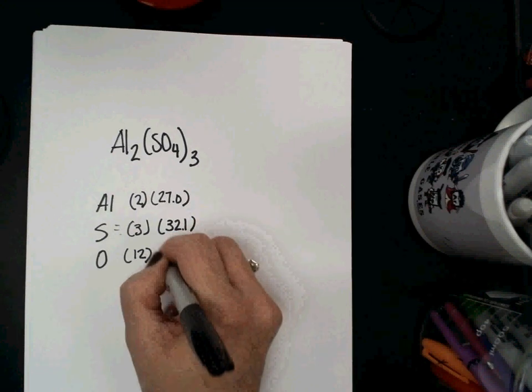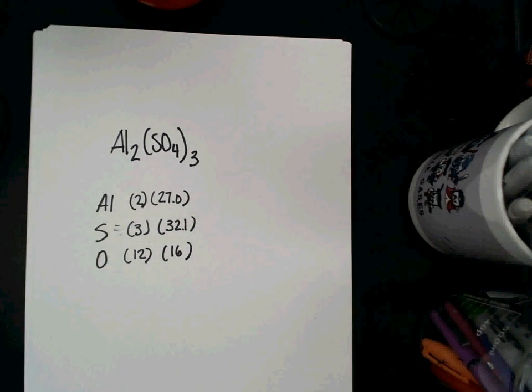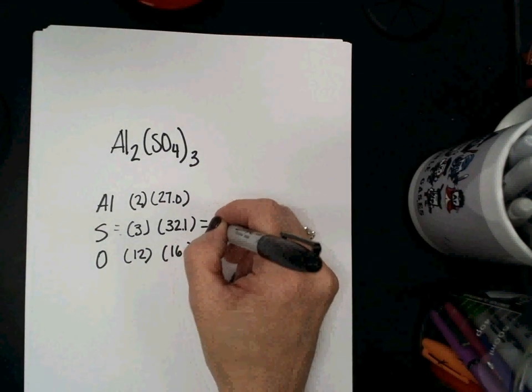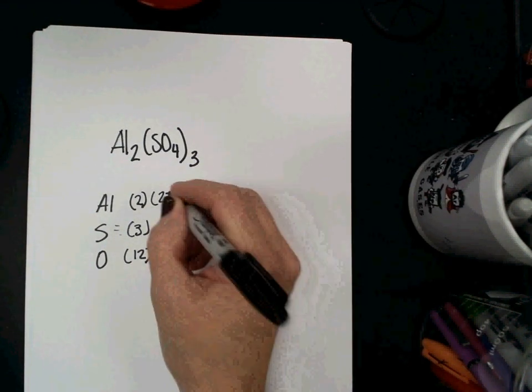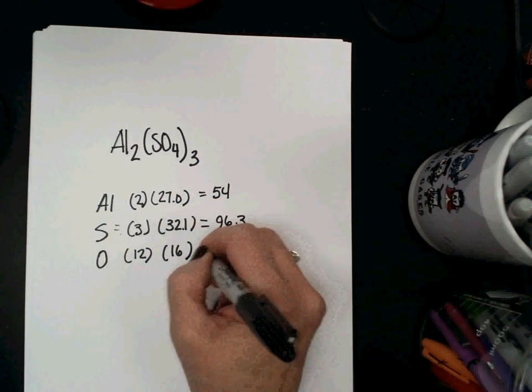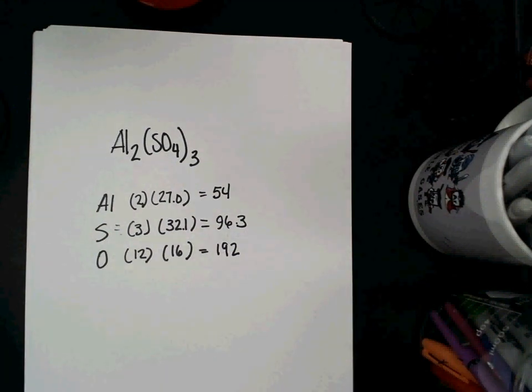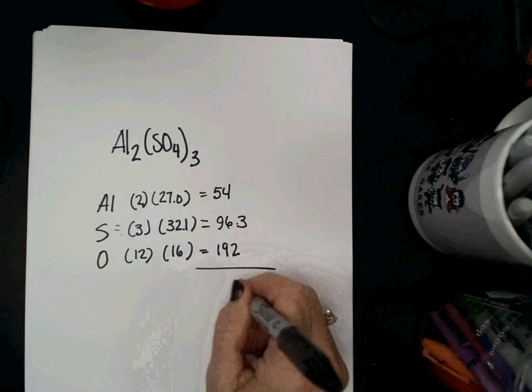So that would be 96.3, 27 times 2 is 54, 192. Yeah, that's right. And then I just have to add them all together.